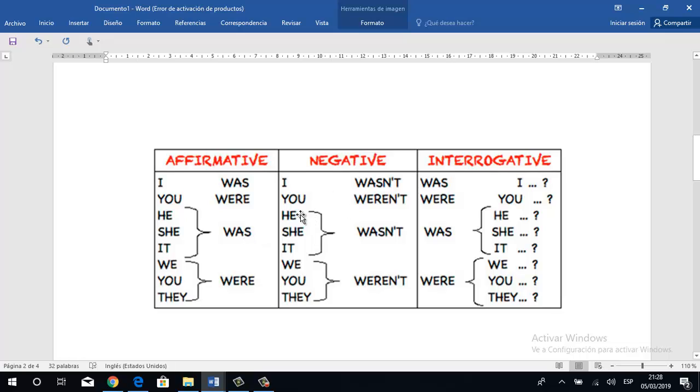The negative is the same. The negative is subject, then you will have was or were plus not. Alright? And then you will have wasn't and weren't. The interrogative is as in the present, you just move the verb to be in front of the subject, like saying was I, were you, was he, was she, was it, were we, were you, were they, or something.